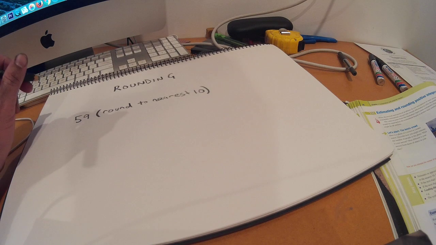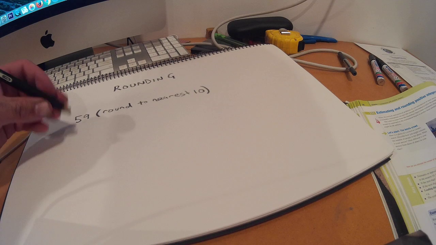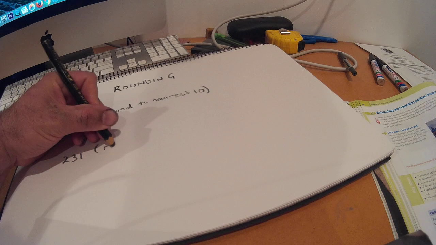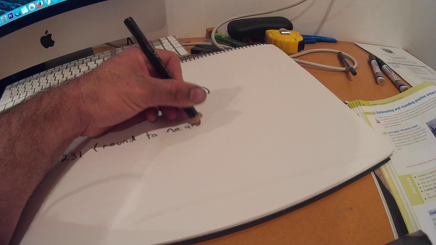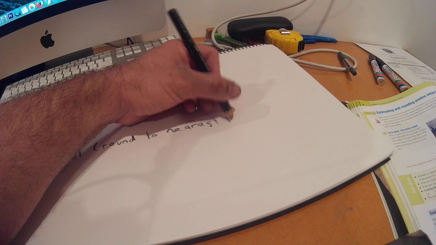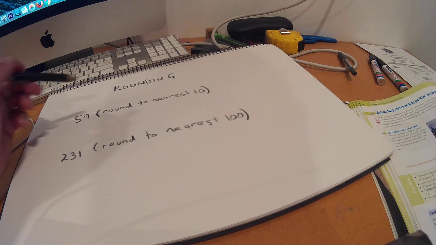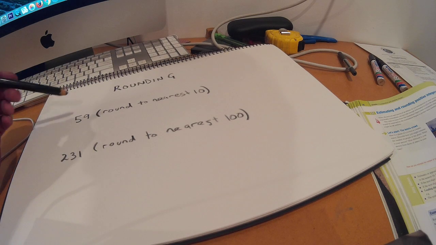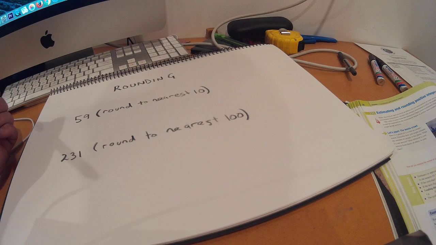And I'm going to get another number, let's say 231, and we're going to say round to the nearest 100. When you get a question like this, where they might have in the brackets round to 10 or round to 100, you need to understand place value.